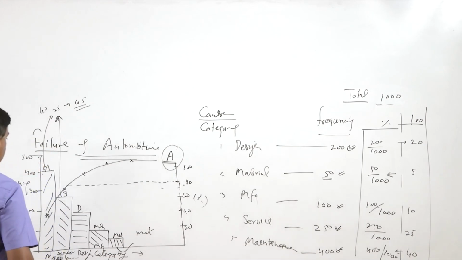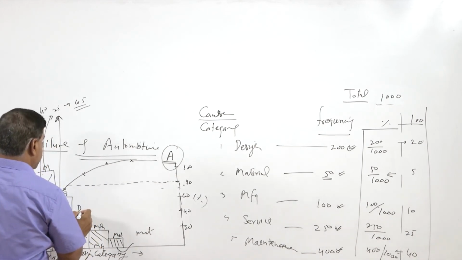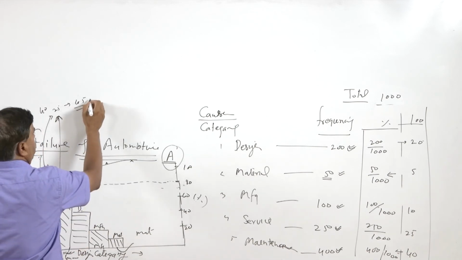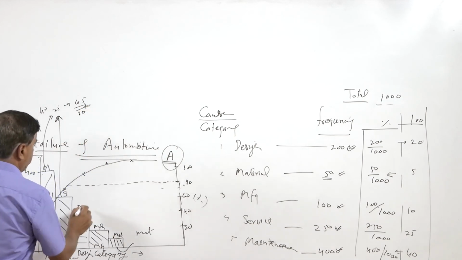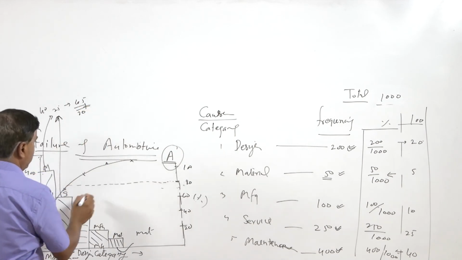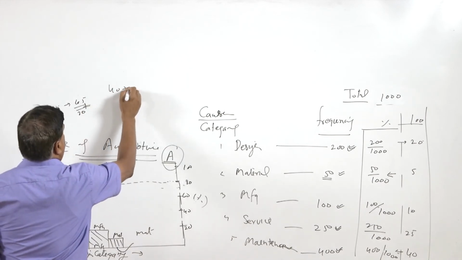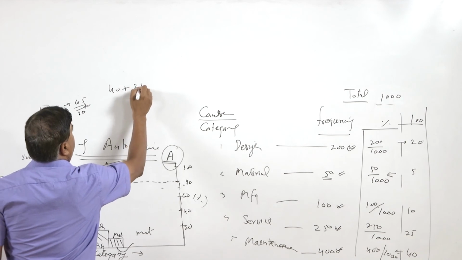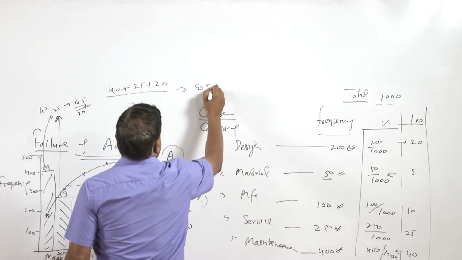If we take in the next 20 percent contribution, our third point will also come in. In that case, 3 factors will fall in this category, 40 plus 25 plus 20, leading to 85%.